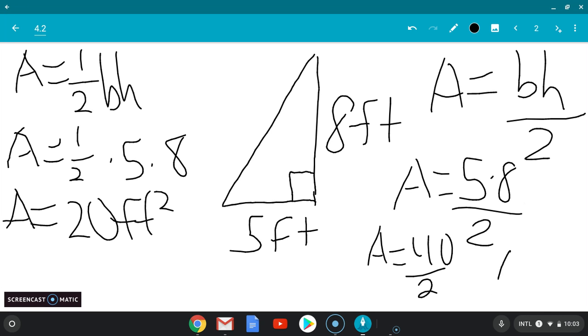And that becomes area equals 20 feet squared. So you can see how both of these ways of writing the formula get you to the same answer, right? So this is 20 feet squared. Very similar to our parallelogram formula, except we have the 1/2 or the divided by 2 part in there. All right, let's do another example.